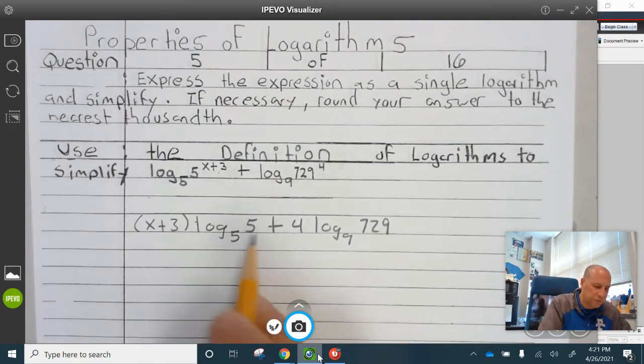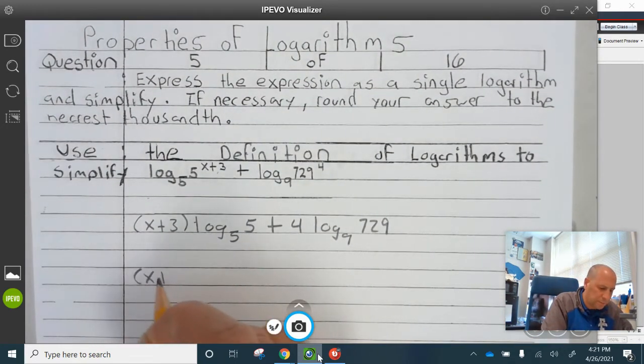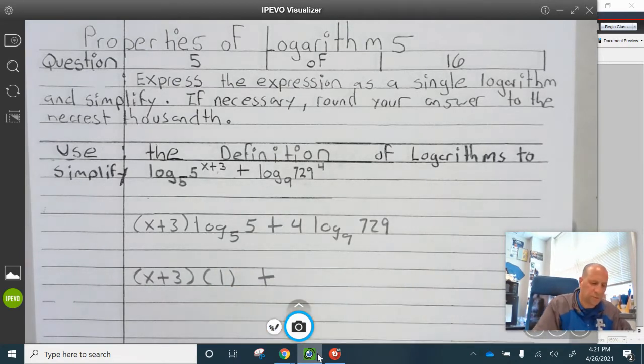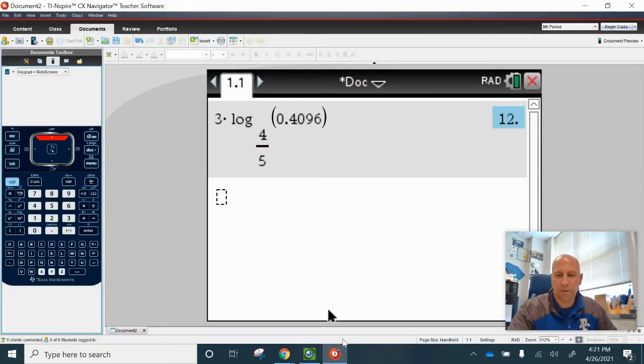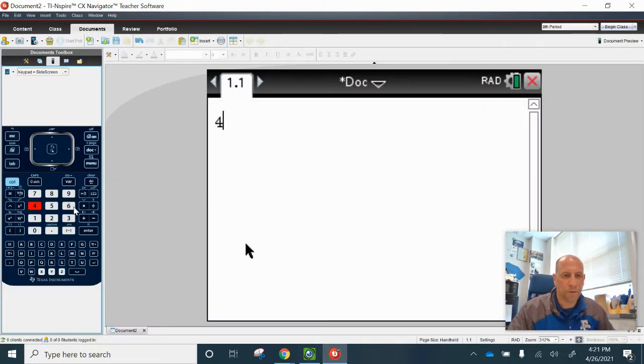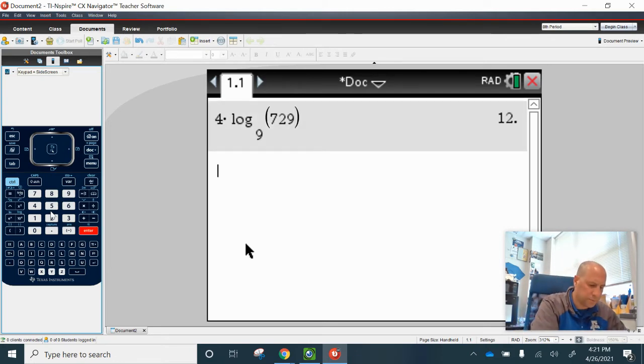Okay, well, this is just 1, so that's x plus 3 times 1 plus, let's go ahead and put that in our calculator. So 4 times control log base 9 of 729. Okay, and that equals 12.